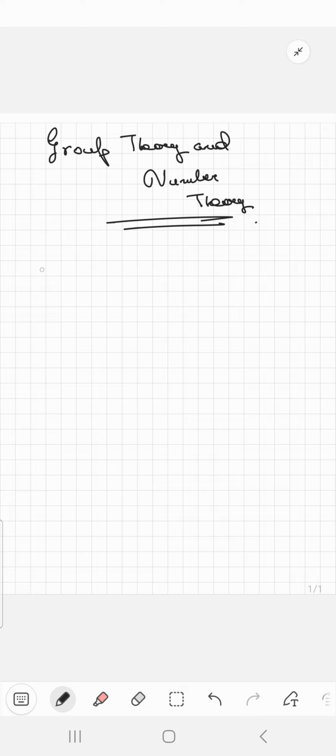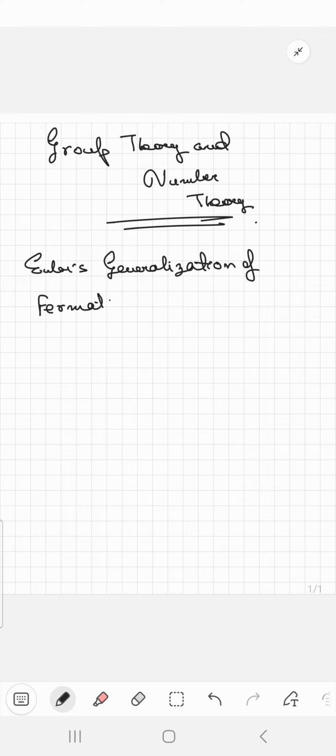Okay, so this is often called Euler's generalization of Fermat's little theorem. So what does this theorem basically say?